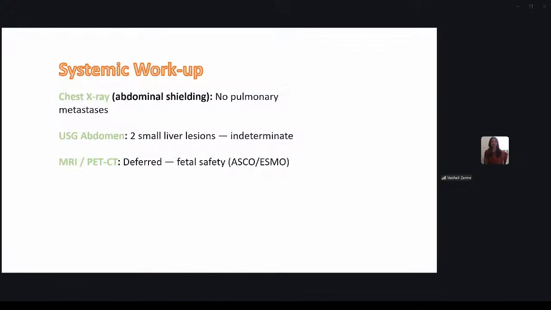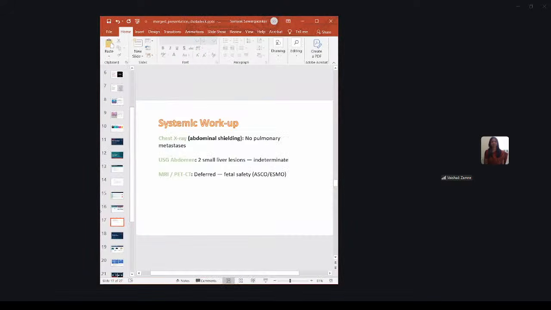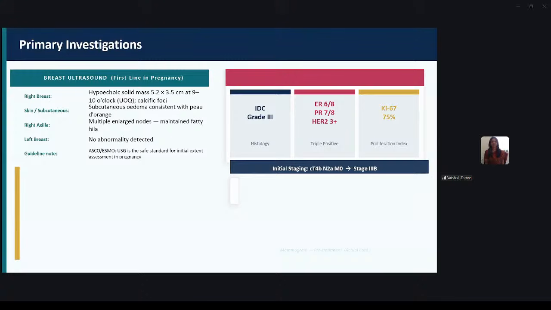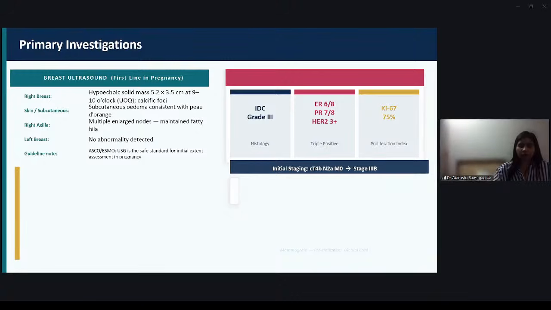Dr. Akanksha, I can see that the clinical size which you mentioned was nearly 12 centimeters. Yes, clinical findings.